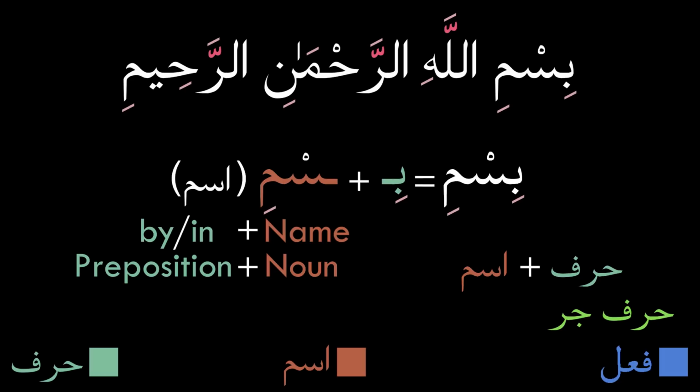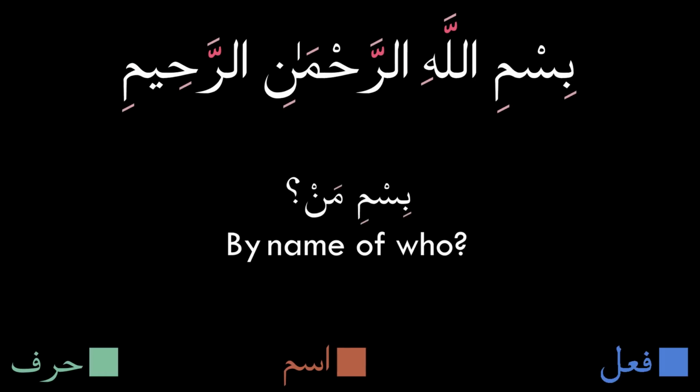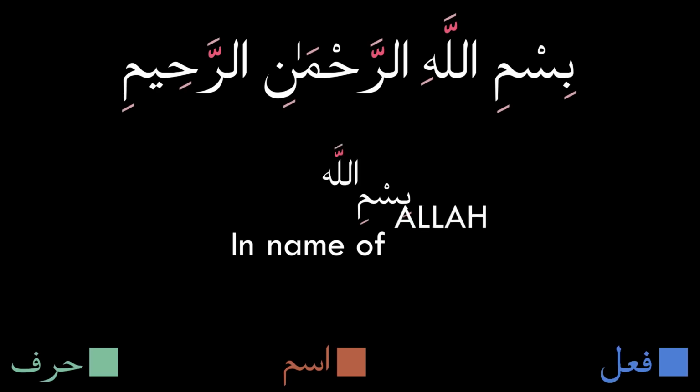So any noun that comes after be should have the kasra as a last vowel. And we call that noun that comes after the preposition be a genitive noun or ismun majroor in Arabic. Alright, by the name of who or in the name of who? The answer to this question leads us to the second word, Allah.